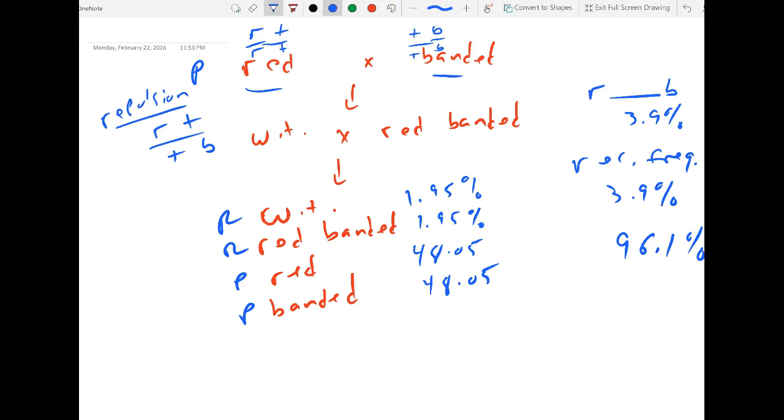So now the red and the banded are our parentals, because that's how they started out. So think of it as red plus and plus banded, and then these guys are plus plus, and these guys are RB. So these guys are like red plus, and these guys are plus B. So you can do it in different ways.